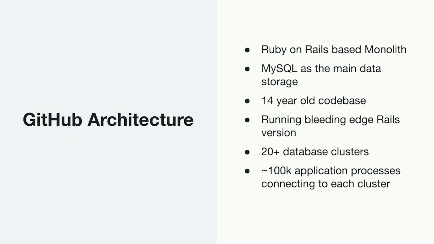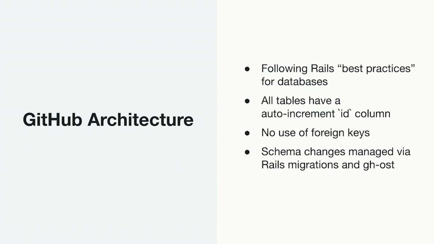The monolith connects to more than 20 database clusters, and we run over 100 application processes, and they all connect to these database clusters. So there's an enormous connection count coming into the database clusters. We try to follow Rails best practices, right?